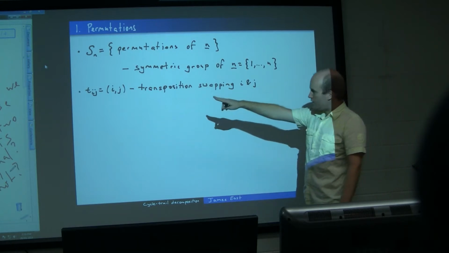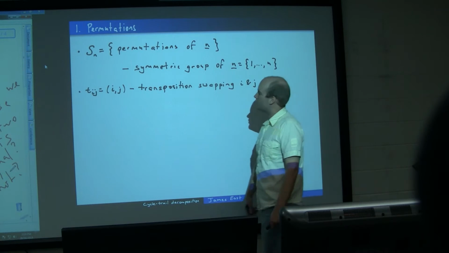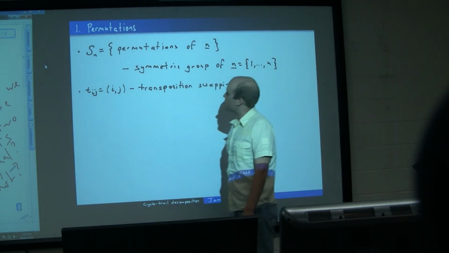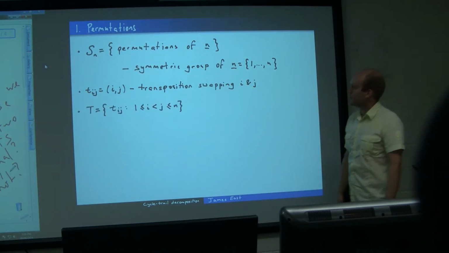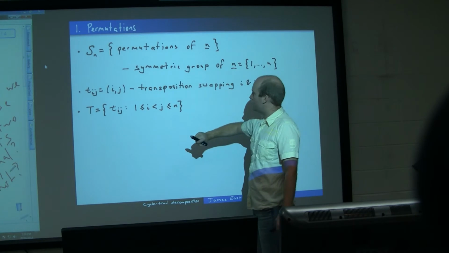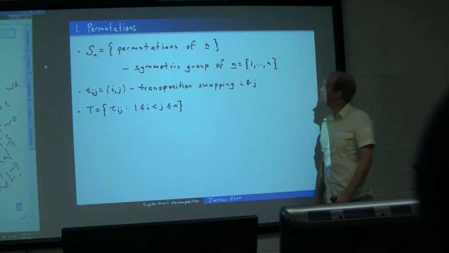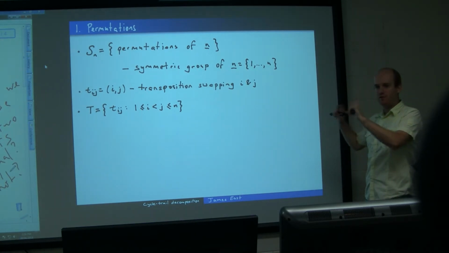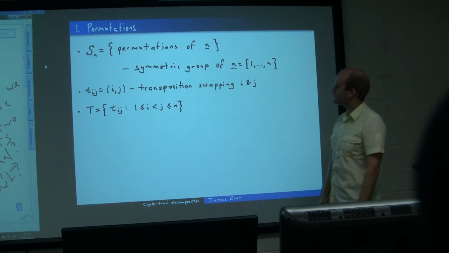And I'm going to call that Tij because I'm going to write down some equations, and it sort of looks a bit neater to write them in terms of symbols, like T, rather than brackets and commas. All right. Capital T is going to be the set of all of these transpositions. Now for every 2 elements of the set 1 up to n, we've got a transposition. So we've got n choose 2 of these. So this set has size n choose 2.